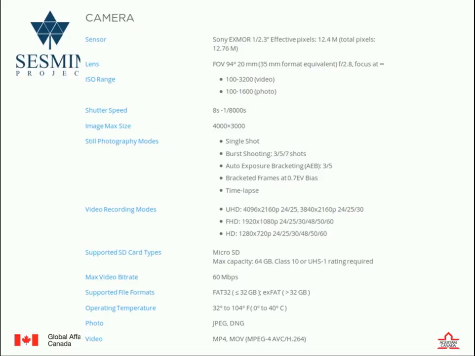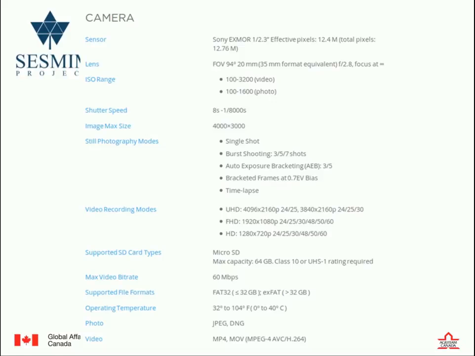Image size 4,000 by 3,000 pixels. So we're really not interested in the recording modes. Just to give you information, for the Advanced, you can only do 1920 by 1080, and for the Pro, you can do up to what I call 4K. Okay, and for the Advanced, you're limited to HD.